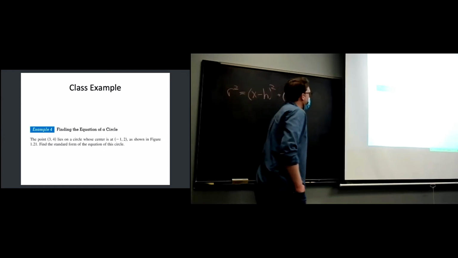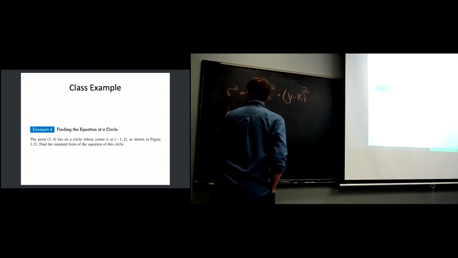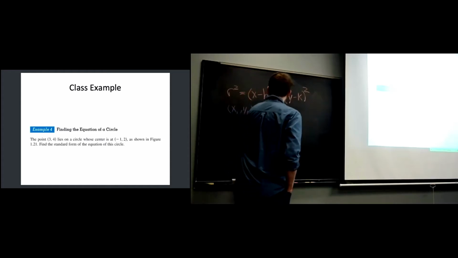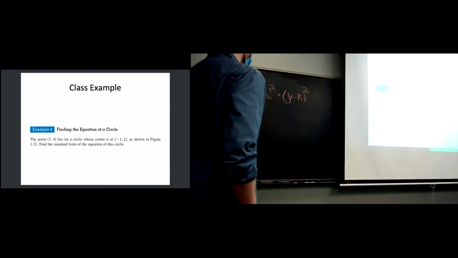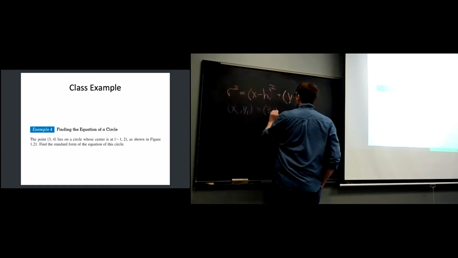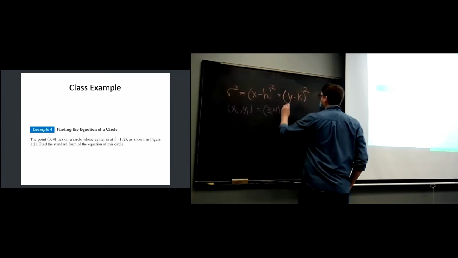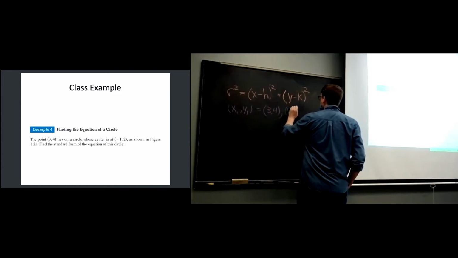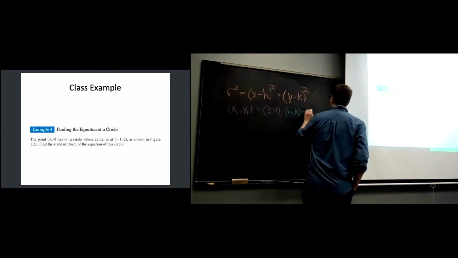What I'm saying is, we know in our example, we've got an x1 and a y1 that lies in our circle. That's 3, 4. We know our h, k is -1, 2.